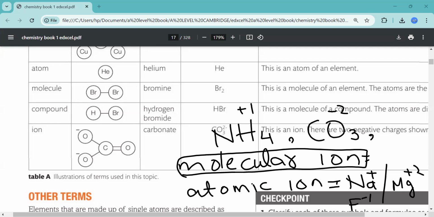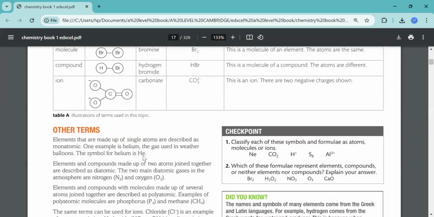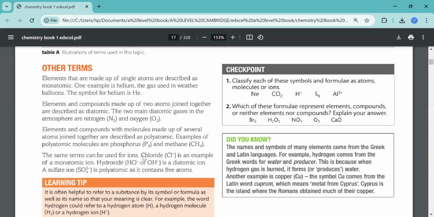And the bottom one, if there is a simple atom, we are going to call it an atomic cation or anion. The example they give you is a molecular ion, and it's an anion. Anion means a molecule with a negative charge. I'm hoping that all the terminologies are clear.